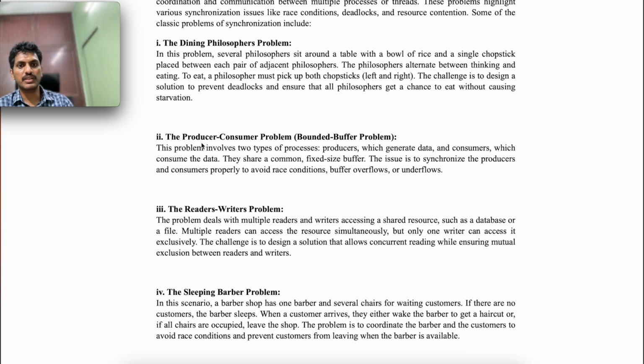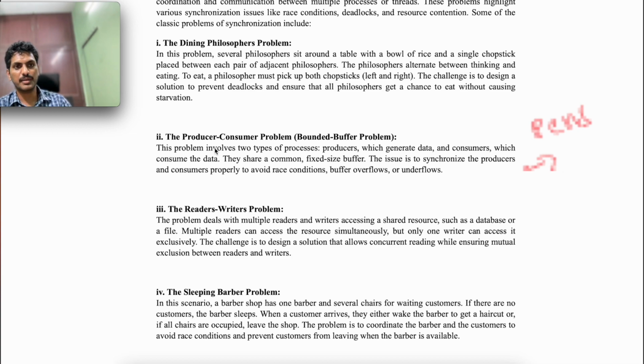Next one, producer and consumer. There should be a balance. Suppose you are buying some pens. If the producer is producing more pens and there are no buyers, that is a problem, right? The first problem is the producer is producing more and there are no buyers.